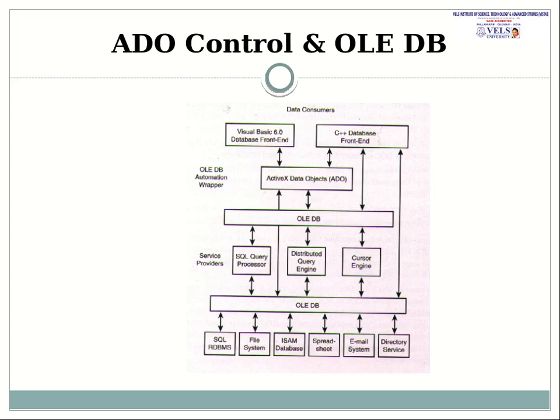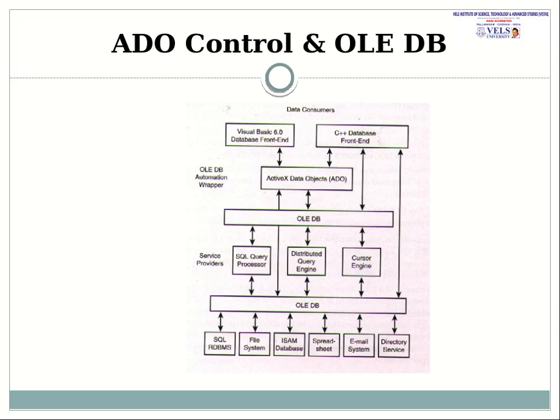This is an ADO control and OLE DB database. The main purpose of OLE DB is, for example, if the front end application needs a different application, such as MS Excel, and we want to retrieve MS SQL data or a spreadsheet into your VB program, we do it with the help of OLE DB controls.